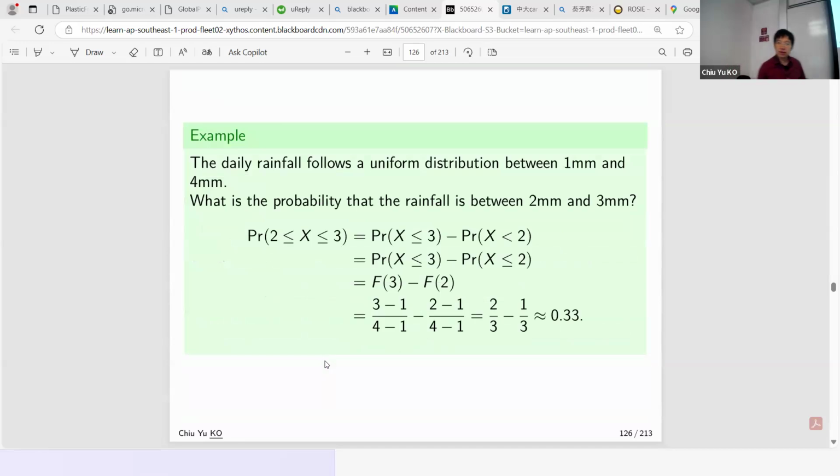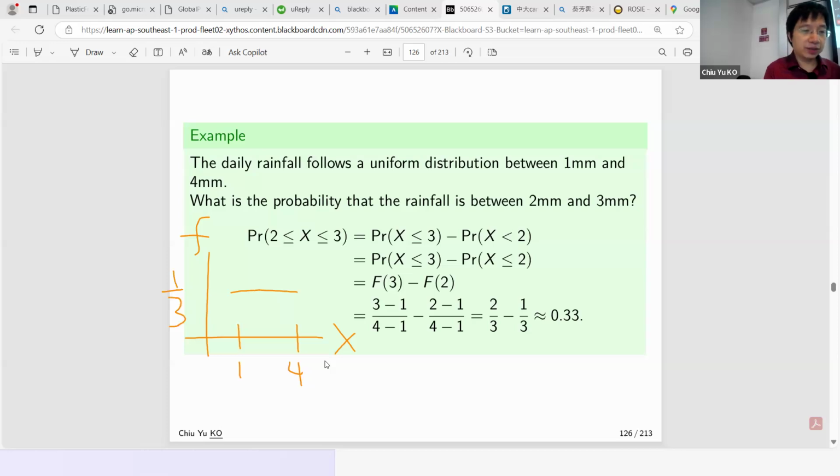Okay, so this is another example just to make sure that you understand. What is the rainfall between 2 mm and 3 mm? Of course, you can calculate this as F of 3 minus F of 2. But if you understand the logic we discussed, x is between 1 and 4, the small f is 1/3 here.